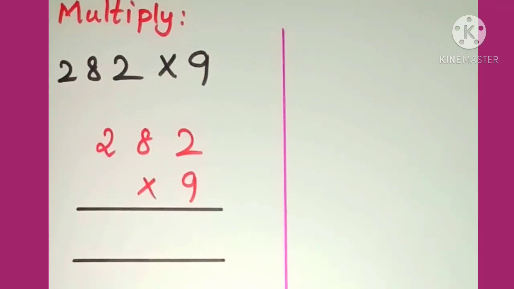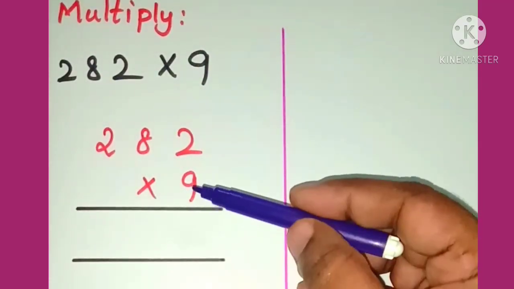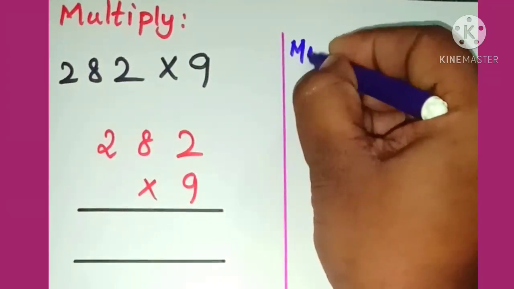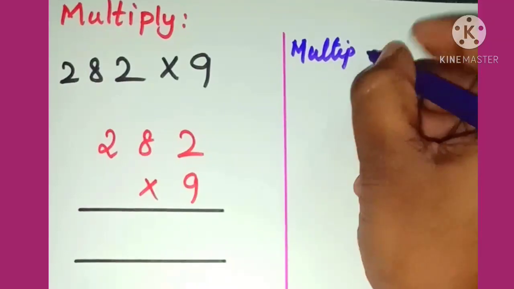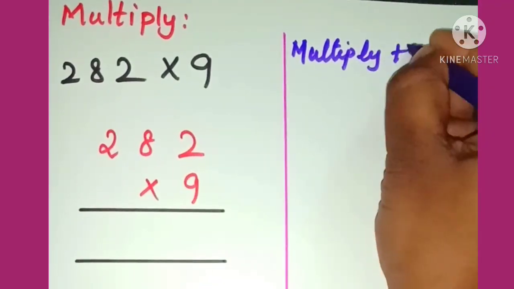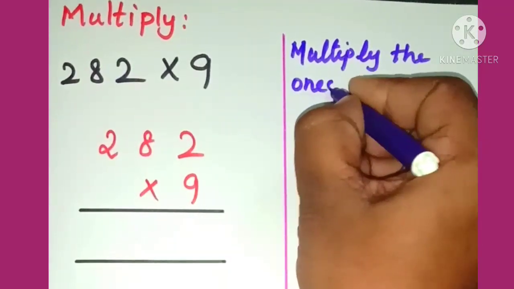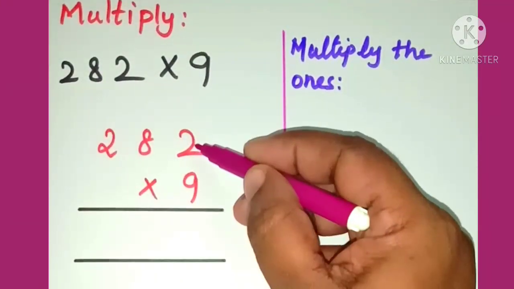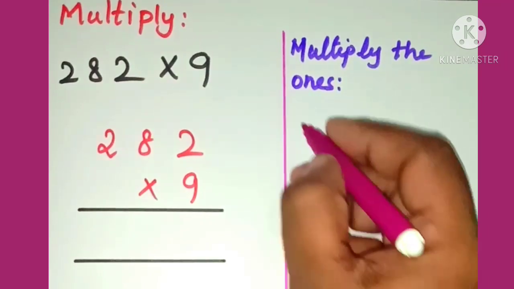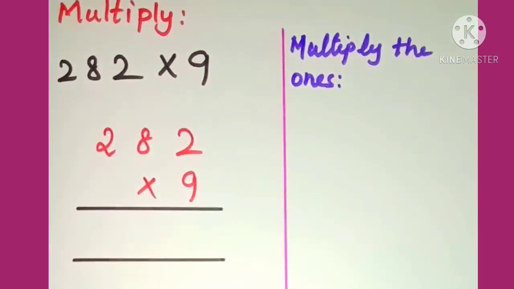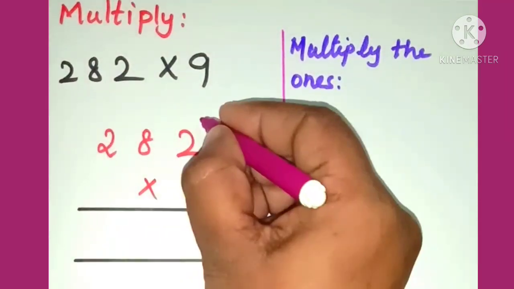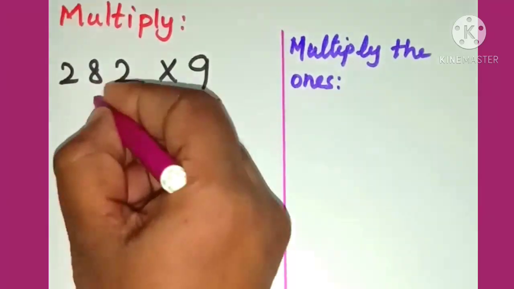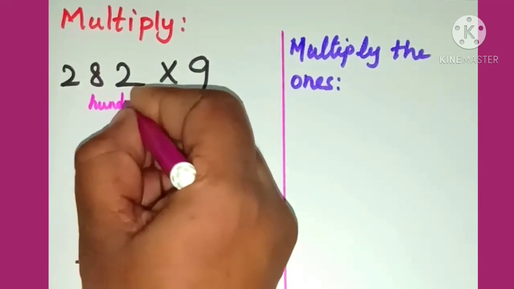As a first step, multiply the ones. 9 into 2. Here 2 is in the ones place, isn't it? So ones, tens, hundreds.